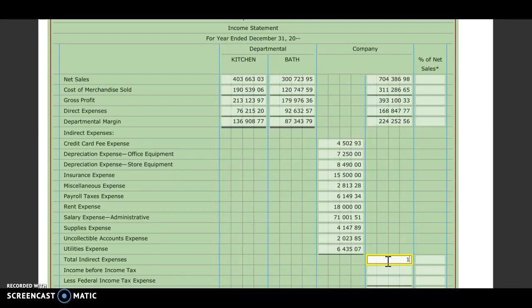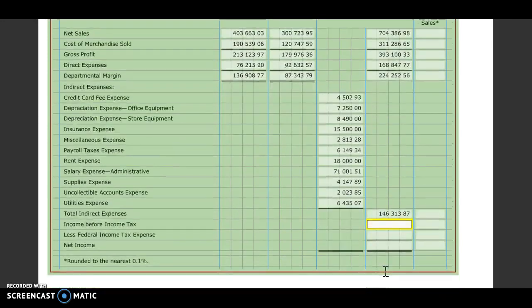Okay, I should get $146,313.87 for my total indirect.